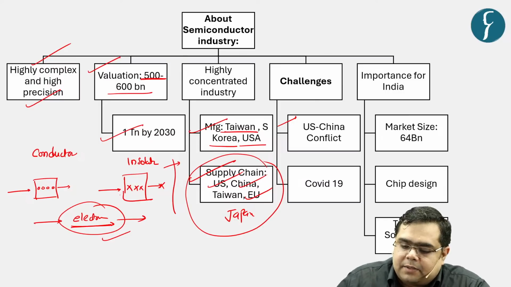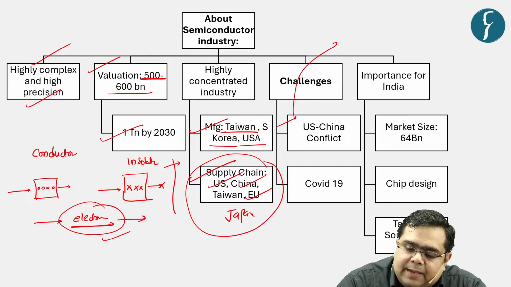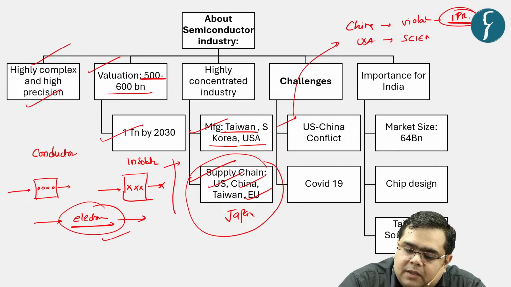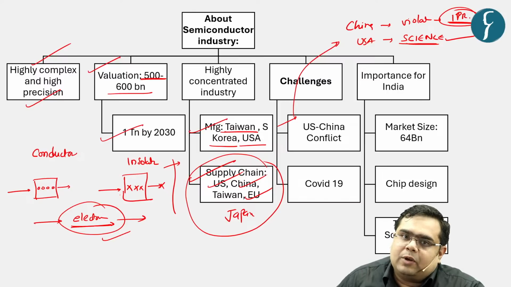In this context, USA keeps on alleging that China is violating the intellectual property rights of USA, and USA has brought in the Science Act to defend its intellectual property rights.